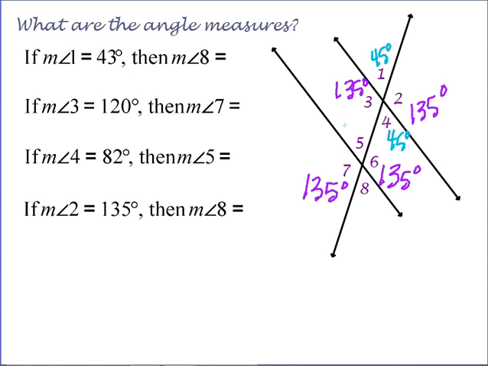4 and 5 are alternate interior, so this is 45 degrees. So will angle 8. So when you end up with something like this, you're only going to get 2 different angle measures at a time. So if 2 is 135, then 8 has to be 45.